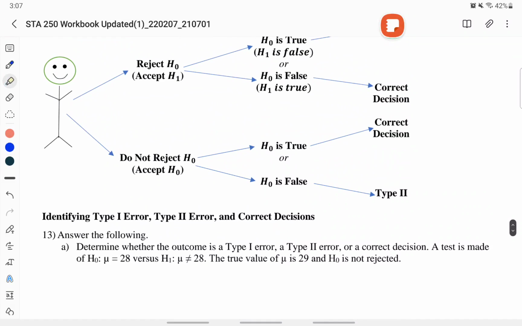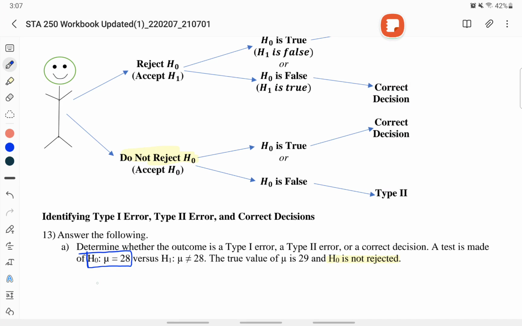It says first, the null is not rejected. So my null hypothesis, if I do not reject my null, I am accepting my null. We did not reject the null. So that means it can either be a correct decision or it can be a type 2 error.